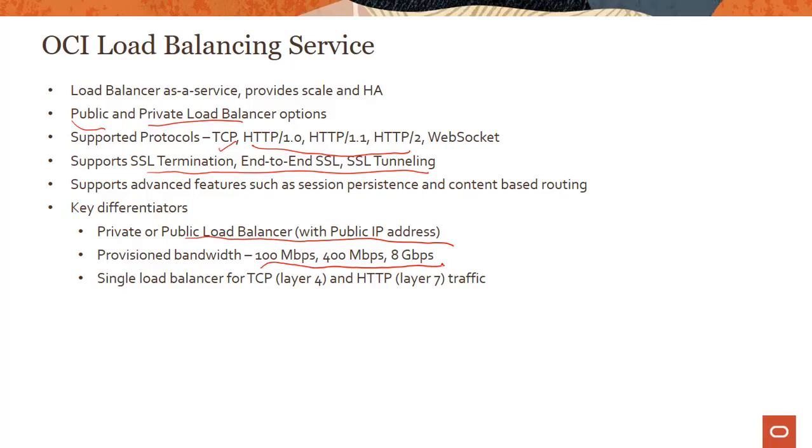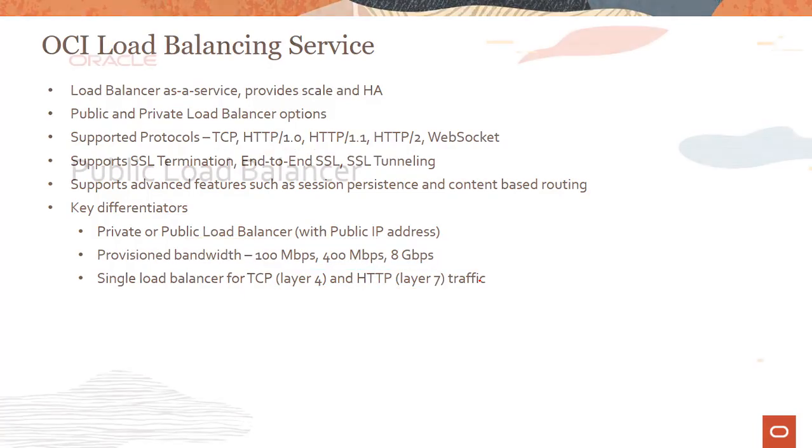The idea is you really don't have to pre-warm your load balancers. If you provision a shape according to the load that you are going to get, your load balancer can handle your requests. You don't have to pre-warm your load balancer if you start getting a lot of load. And like I said, there's a single load balancer for both TCP layer 4 and layer 7 traffic.